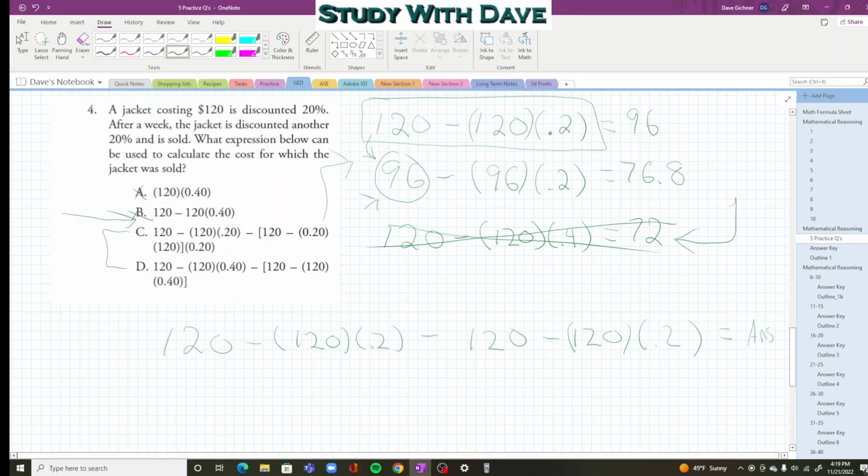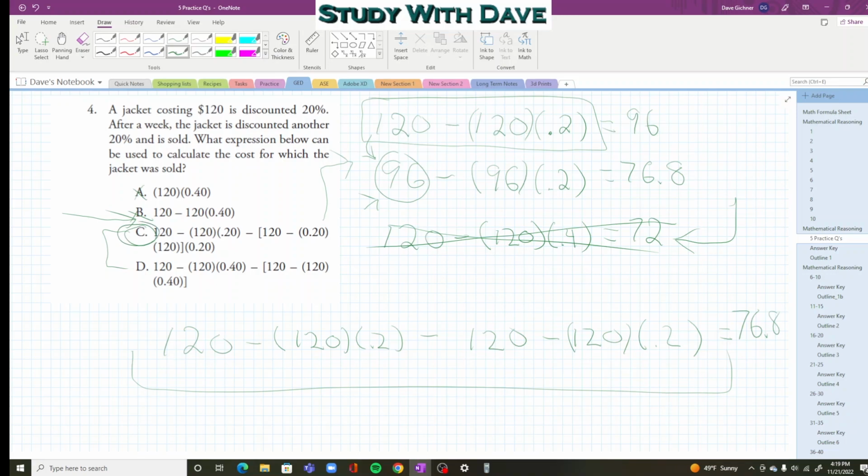Equals our answer, but we don't really need the answer. Oh, kind of went off screen there, sorry. I'll just say equals 76.8 because we actually already did it, but that doesn't matter. So as you can see, if we read it out real long, you see that answer C actually is correct.